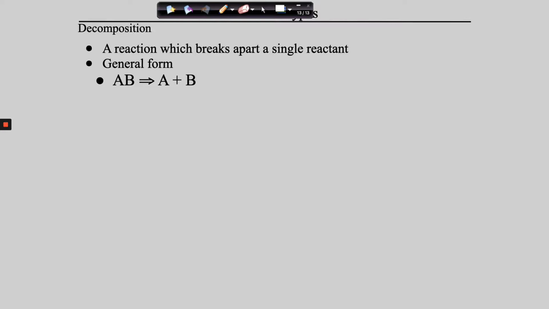For those of you coming back for AP next year, we talk about the patterns that help us understand what things break into. But in this class, you are not going to learn enough chemistry to be able to predict the products. As a result, I will always give them to you. And we'll talk more about that in a minute. But the rule of thumb is this: you've got one reactant.